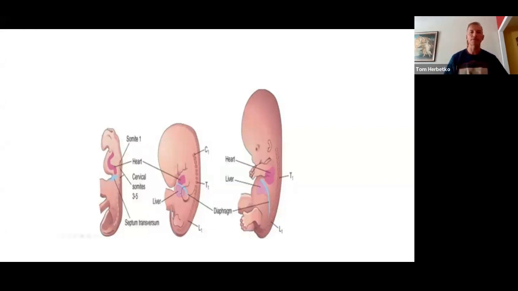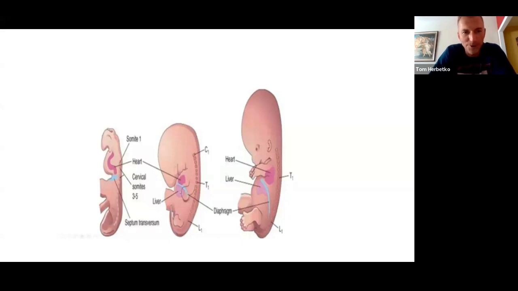Now, what happens in the second picture is the somites start to grow very quickly. So the fetus starts to become a C and encircle. And the diaphragm doesn't actually descend per se. The back part, the somite, grows so quickly that this part just starts to lower naturally.